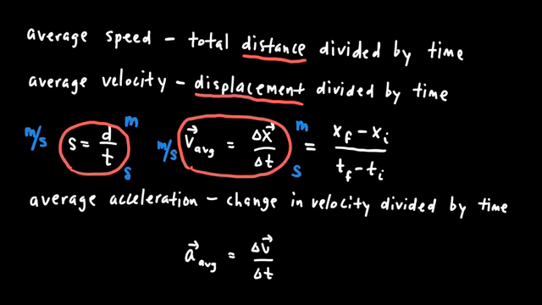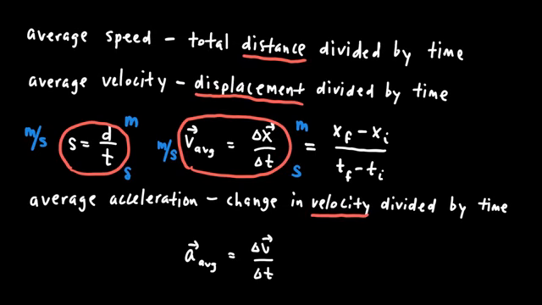Acceleration is the next step up after velocity. So if we go from position to velocity to acceleration, acceleration is a change in velocity divided by time. So I'd like for you to think of velocity as the rate of change in displacement of an object, and acceleration as the rate of change in the velocity of an object.